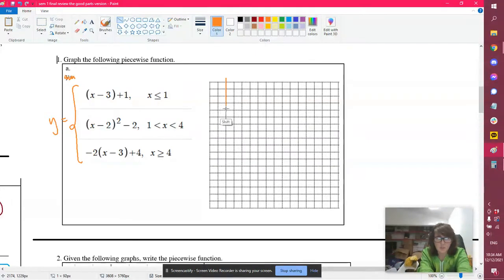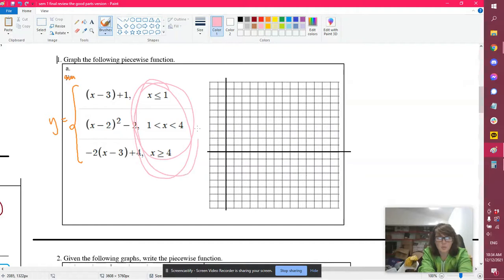But first, I'm actually going to draw in my axes, and I'm going to do that off-centered because I noticed that my domains are between 1 and 4, so I don't actually need the negative numbers.